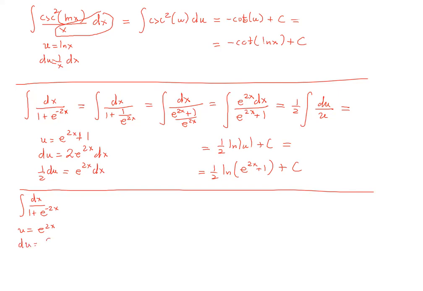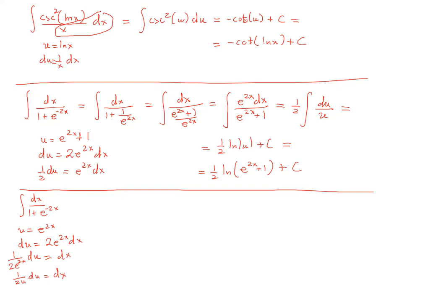So du will be 2e to the 2x dx. And since we have nothing, I'm going to bring everything over to the other side. And here, the rule of thumb is that you never want to have on one side things that contain both variables. So this will be written right away as 1 over 2u du equals dx.